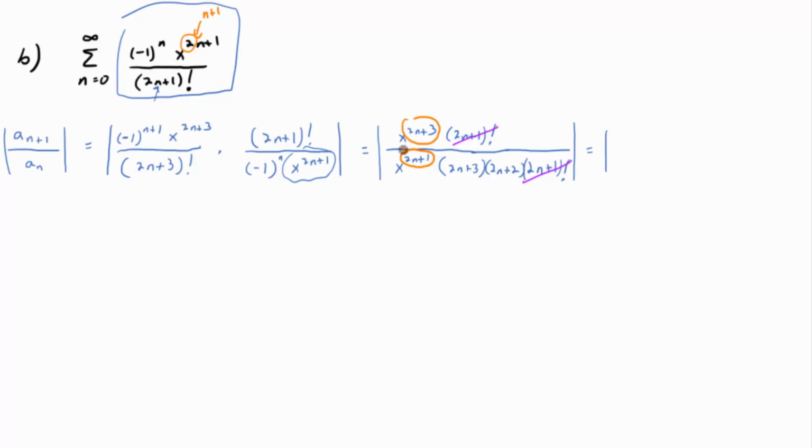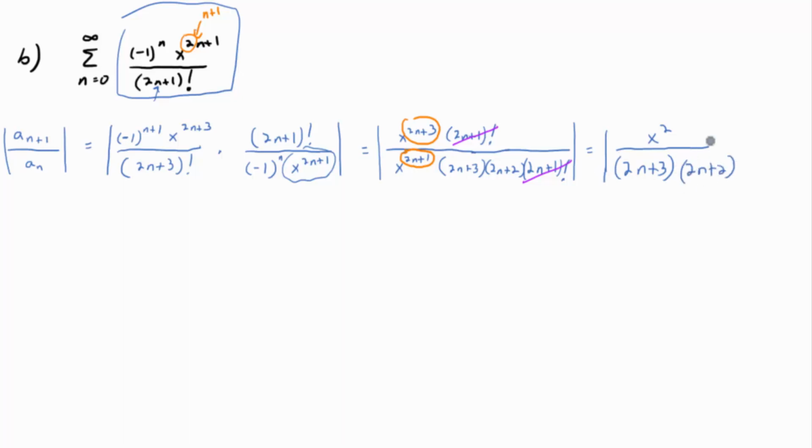You're left with just a 2 in the exponent, right? So x squared. Does everybody see the math there? And then what's left? Let me put that x squared in the middle, because that's all that's left on top. So x squared, and then what's left on the bottom? 2n plus 3 times 2n plus 2.